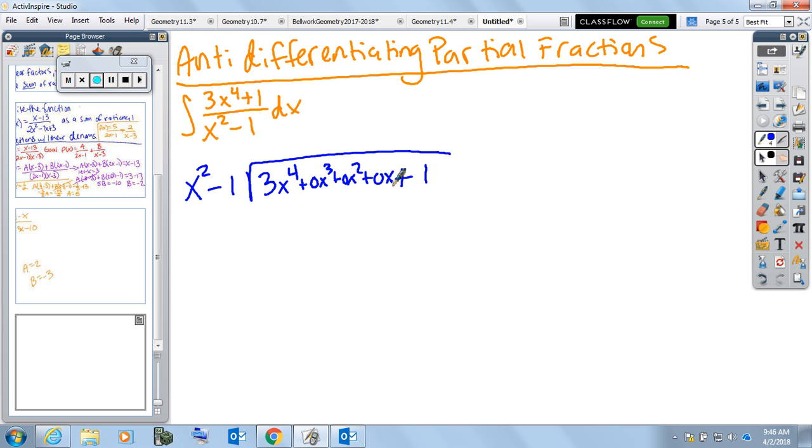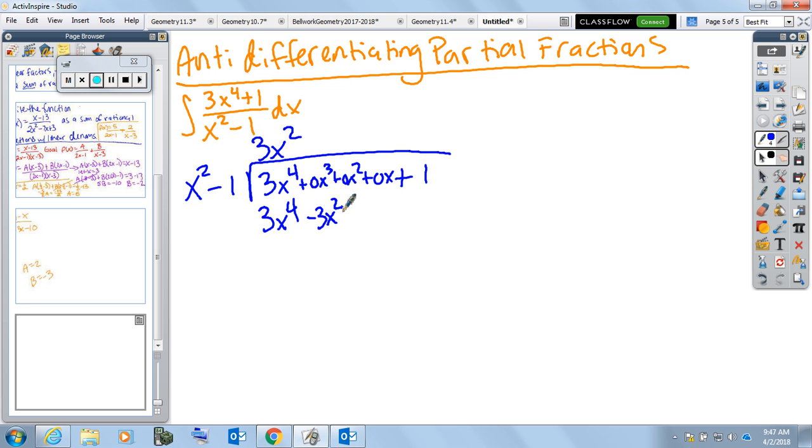So x squared goes into 3x to the fourth. That would be 3x squared times. Multiplying down, you get 3x to the fourth there, as you should, and it'll cancel. 3x squared times the negative 1 gives us a negative 3x squared here as well.